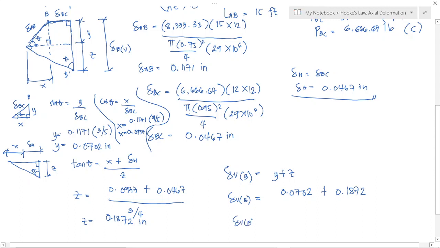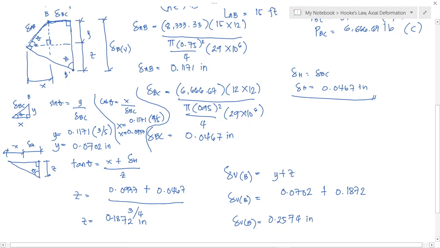So the vertical movement of B will be equal to 0.2574 inch.